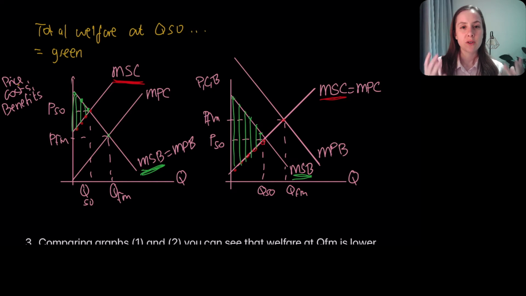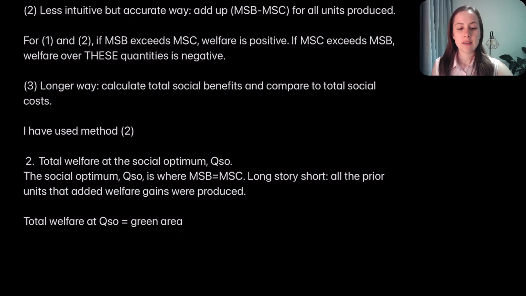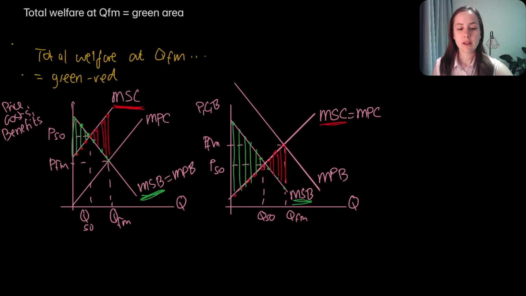So all those units were actually contributing to welfare, and they were creating this green area in welfare that we have here. So in conclusion, the welfare at QSO is higher than the welfare at QFM. It's higher by those red areas.